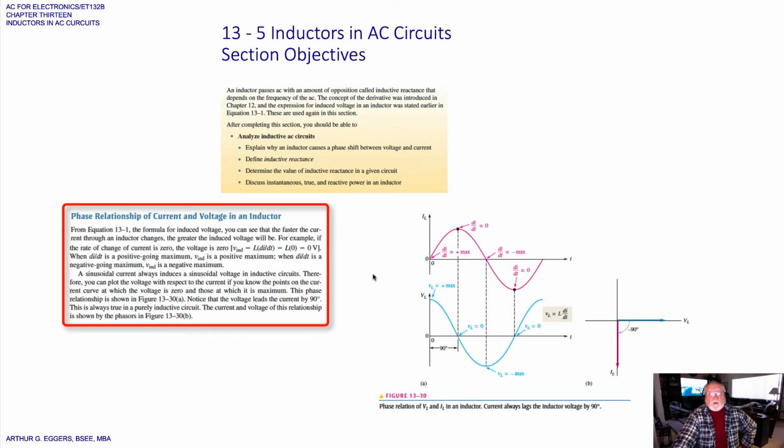We can see that over here in our waveforms. A sinusoidal current always induces a sinusoidal voltage in inductive circuits. Therefore, you can plot the voltage with respect to the current if you know the points on the current curve at which the voltage is 0 and at which point it is a maximum.